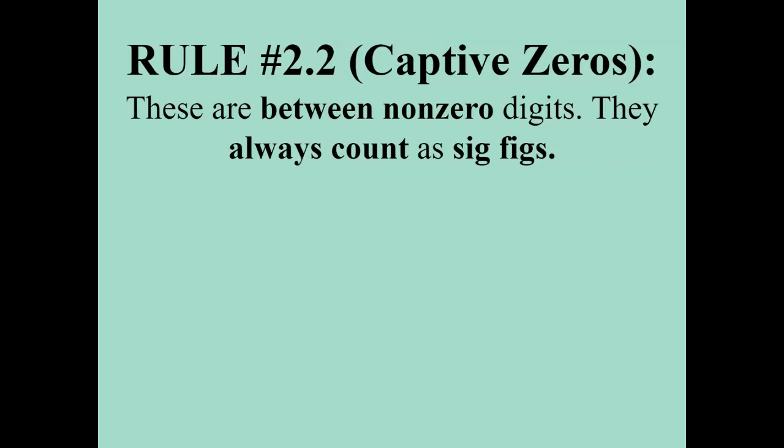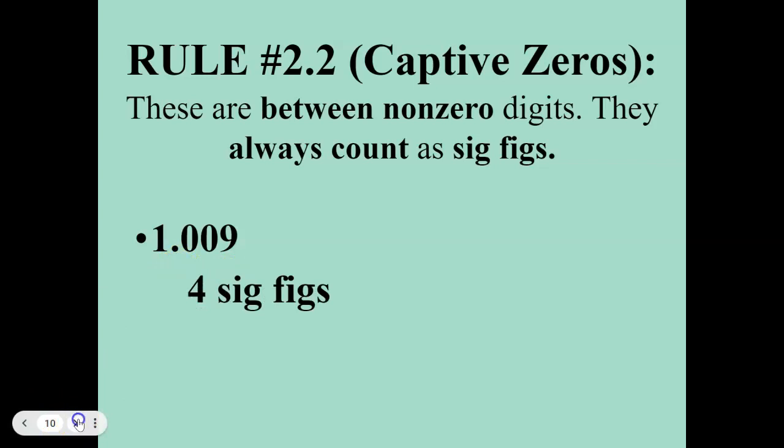So a captive 0 is held between 2 non-zero digits, and they always count as Sig Figs. Okay, so if you have a 0 in between 2 non-zero numbers, they are significant. So here we have 1.009. These zeros are held captive between these 2 non-zero numbers, and therefore they are significant. So this is 4 Sig Figs. And here we have 230,004.